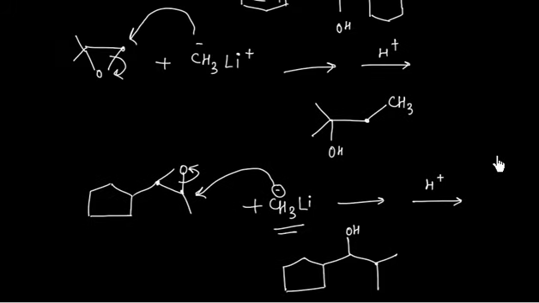So you see, whenever we have an epoxide, the Grignard reagent will act as a nucleophile. If the epoxide is symmetrical, we get only one product.